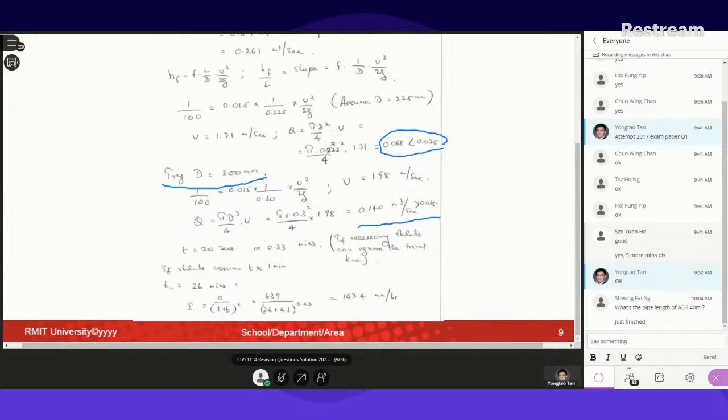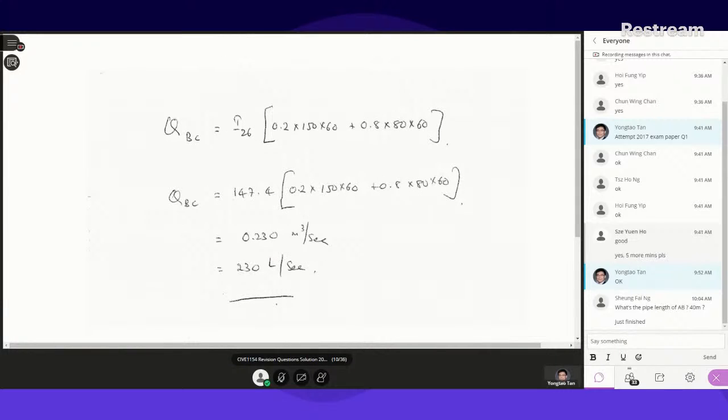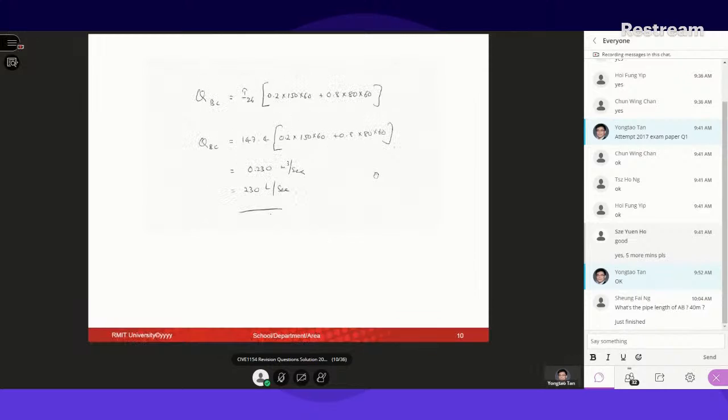Next we need to calculate the flow in the pipe BC. As we know, there are two subcatchments contributing to the pipe BC, the pipe line and also the pipe area.